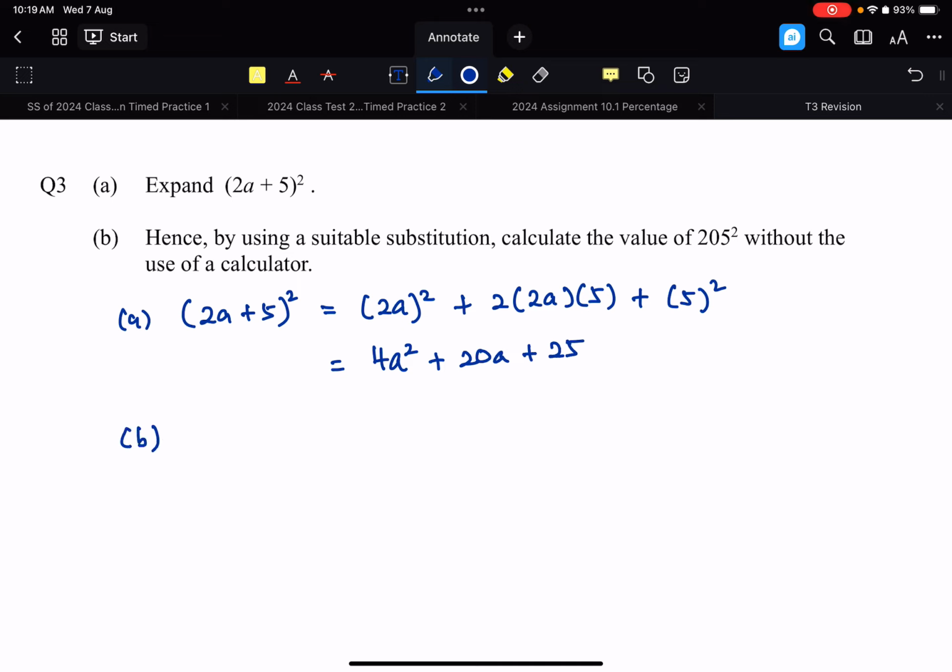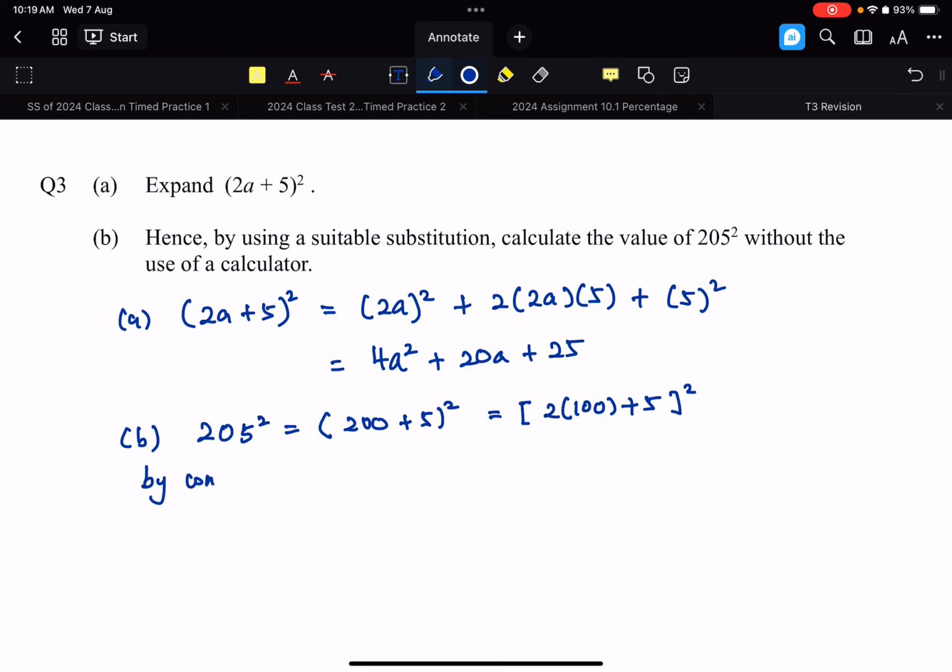Part B. Hence, by using a suitable substitution, calculate the value of 205 squared without the use of calculator. So what happened? 205 squared is actually the same as 200 plus 5 squared, which is the same as 2 times 100 plus 5 squared.